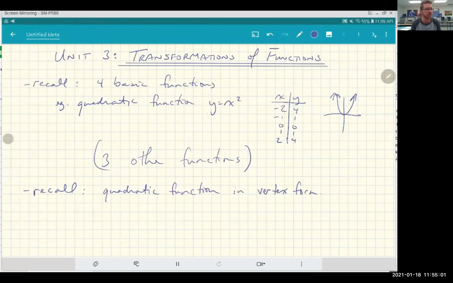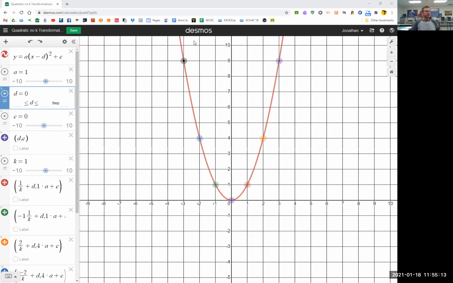The four different functions that we're gonna transform and work with. So if I bring up this graph here from Desmos, then you see here's the quadratic function, right? And here it is, it's in its basic shape, right? This is the y equals x squared. You see the key points are actually highlighted here.